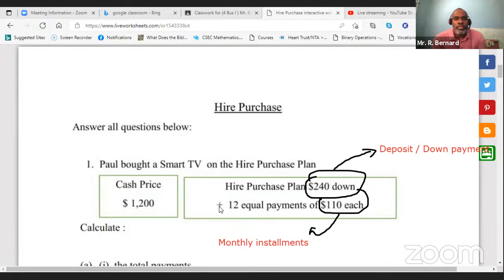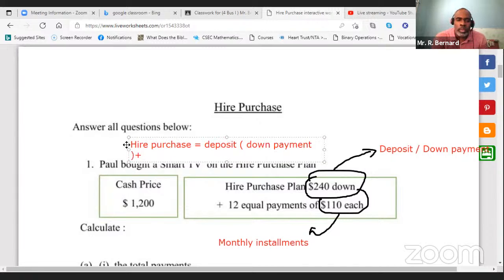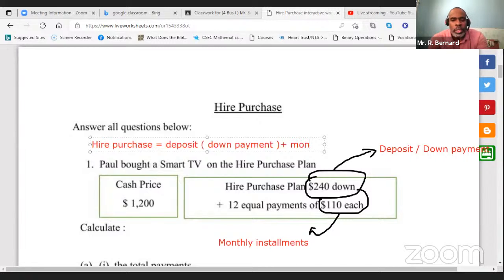Right? So in terms of notes: hire purchase is equal to deposit, in brackets down payment, plus monthly installments.